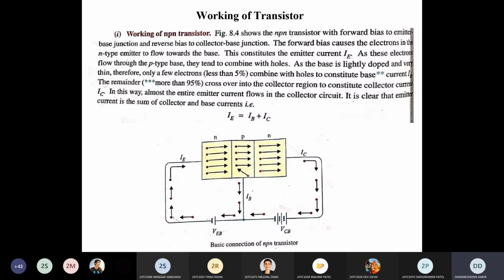Ideally, not exactly the same, but ideally we can say it's almost the same. So this is the working of the NPN type of transistor.